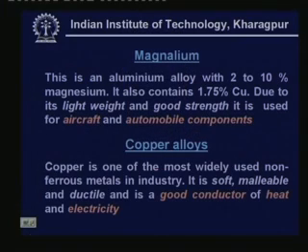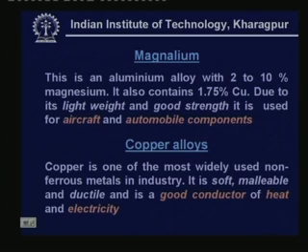Now, we consider another very important material that is called copper. We consider some of the copper alloys. As I told you, copper is the most widely used non-ferrous metal in industry, and its use goes back to a very early age of machine design.